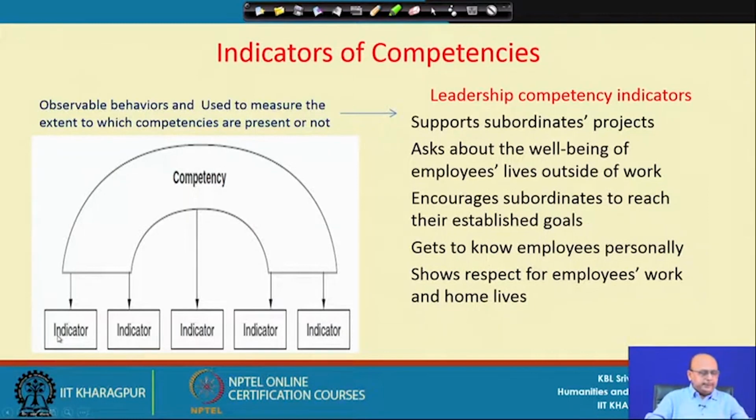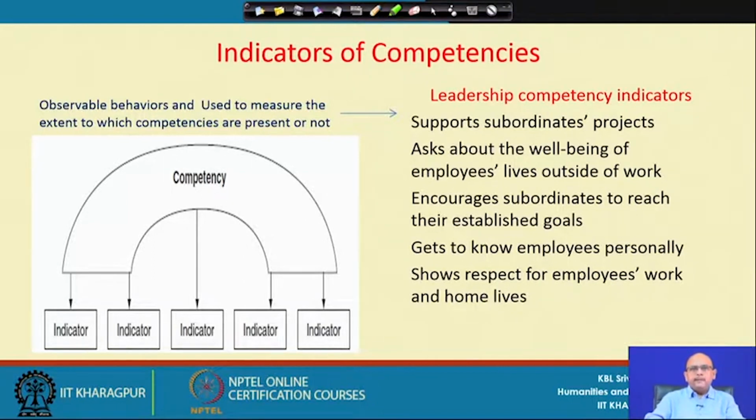Look at another example here. There is one competency known as leadership. So, leadership is a competency, right. Now, this competency has 5 indicators. What are these?